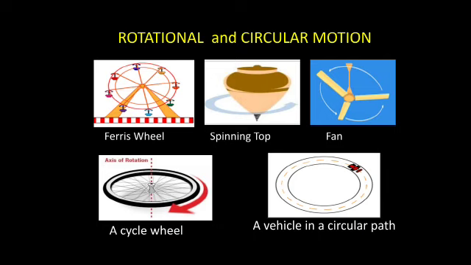Another thing you have to remember here is that the distance of the body from the center of the circular path remains the same during this circular motion. The position of the car running around a circular track keeps changing with time, though its distance from the center of the circle does not change, right?